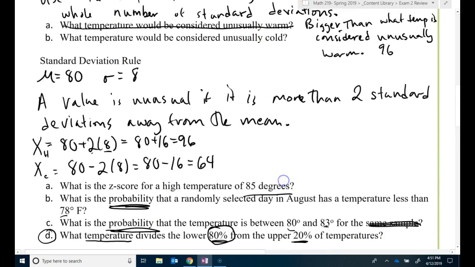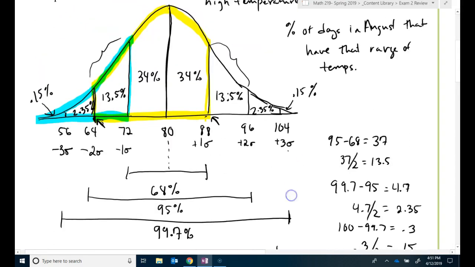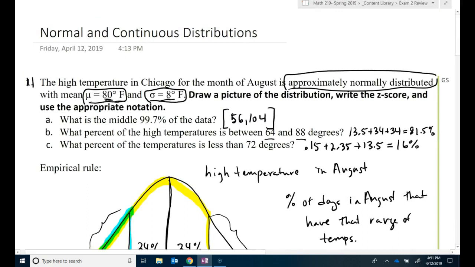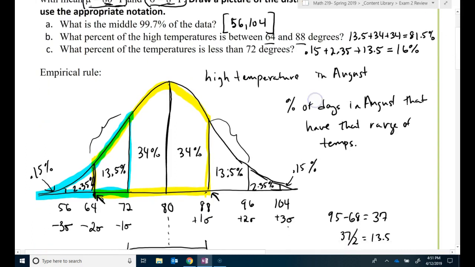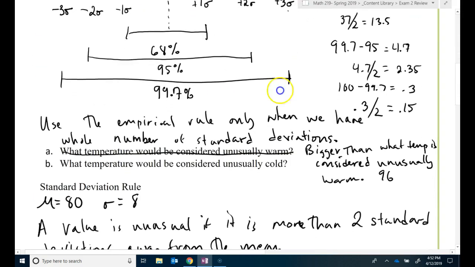When it comes to the normal distribution, there's a couple of things that we need to do. You need to be able to use the empirical rule to tell me what percentage of the data is between certain values when the standard deviations are whole numbers, when you have 1 or 2 or 3 standard deviations, okay, or -1, -2, -3 standard deviations. You also want to be able to tell what the cutoffs are for unusually high and unusually low, and how you determine if a value is unusually high or unusually low.